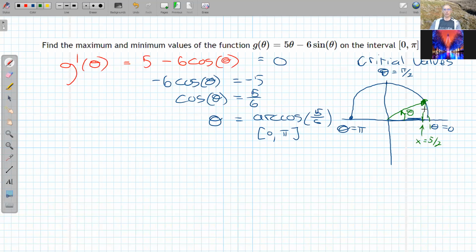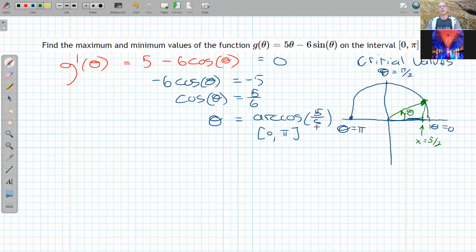Let's look at the graph. So for the max and min, we've got to plug back in. So I've got one x value so far, one theta value so far. So far, I know that something's happening at the arc cosine of 5 over 6. So they claim that there's another one.